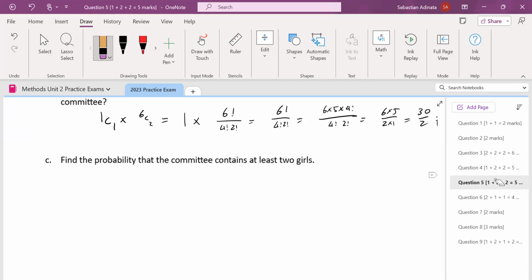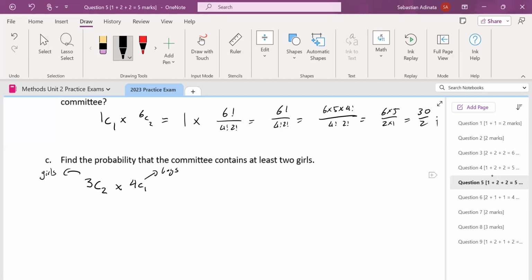We could either do, okay, so we need 2 girls, 1 boy, or 3 girls, 0 boys. So let's find how many times we can do that. So let's choose one with 2 girls. So it'd be, we have 3 girls total, choosing 2 of them. Multiplied by, we have 4 boys and we're choosing 1.